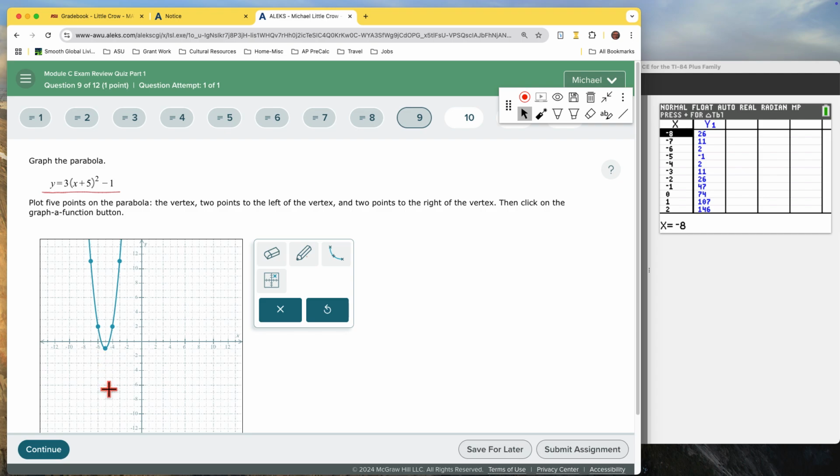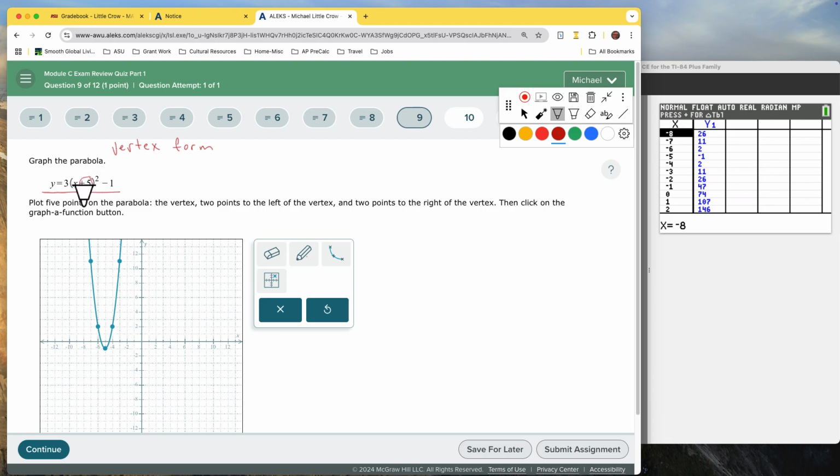Now, what if you don't have a graphing calculator? Again, I should. But the other way to look at this is to recognize that this is in vertex form. And in vertex form, this number here is going to be the x-coordinate, but the opposite, right? Think of it, what would give us a 0 in here?